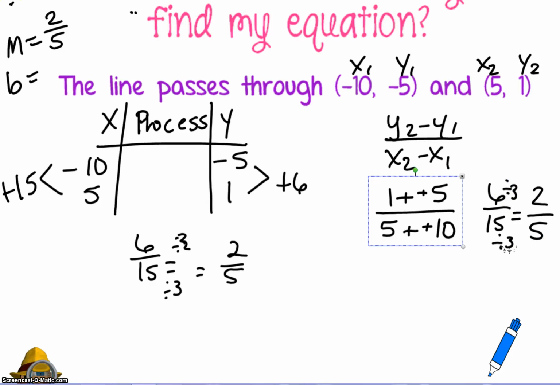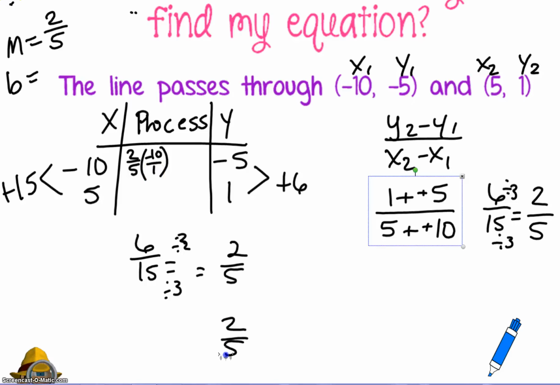Now, to find your y-intercept, or to find b, you need to go back to the process table. You know that it's 2/5 times -10, and I'm going to put that over 1 so it looks like a fraction. 2 times -10 is -20 divided by 5.